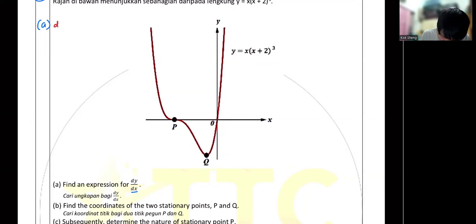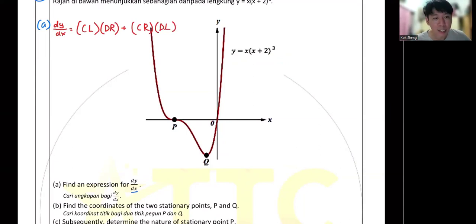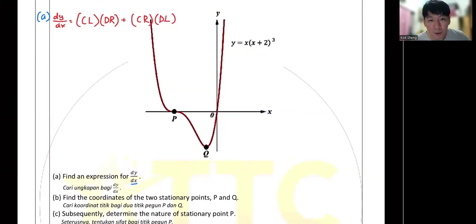I write here first: copy left, differentiation right, plus copy right, differentiation left. Yep, just now this method. So your left and right side, these two, x and x plus 2.